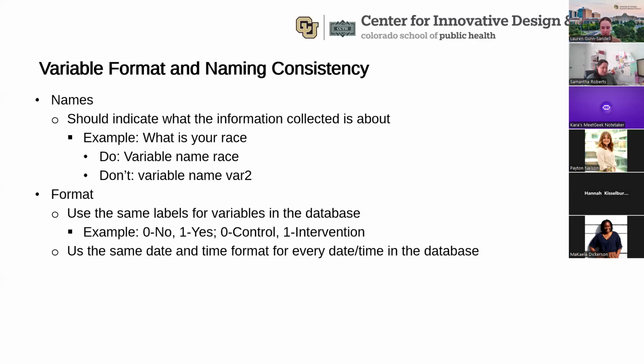One thing for variable names, include a hint of what the question is asking. Because on the back end, saying var1, var2, var3, var305 makes it really hard for us.